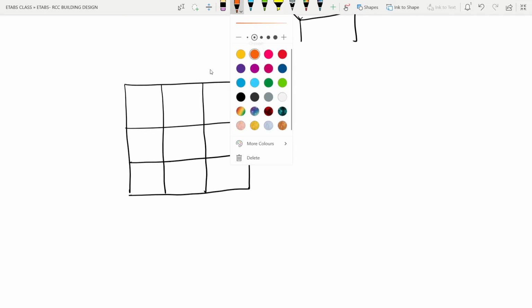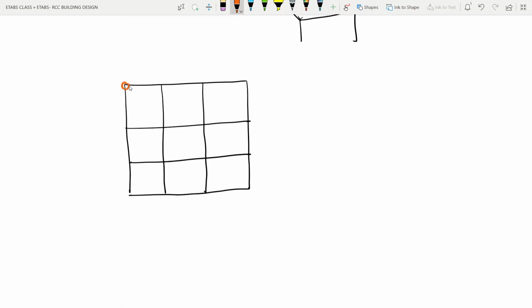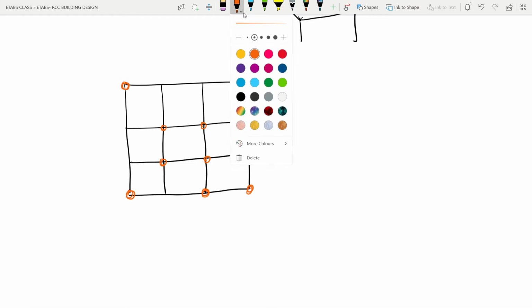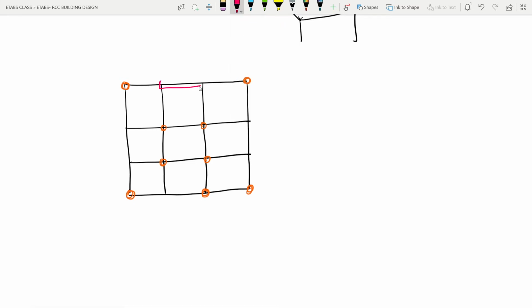I'll be giving the position of columns. Here, here, and for the rest we will have, suppose, shear walls. We have a shear wall here, a shear wall here, a shear wall here, and also here.